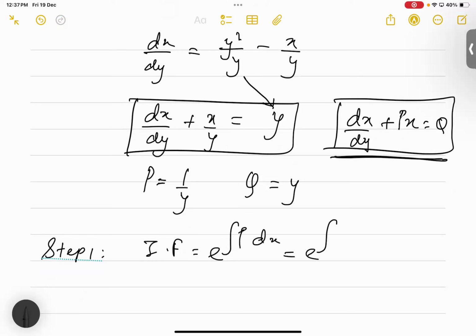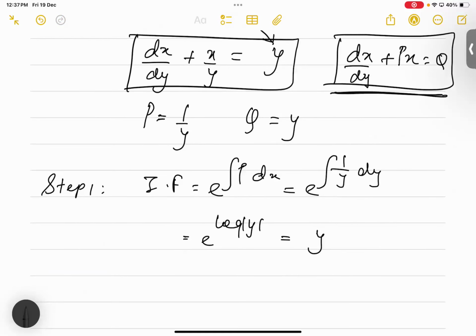What is p? 1 upon y. And what is integral of 1 upon y? Log mod y, so e raised to that is equal to y. How y? E raised to log a is a. See, log generally doesn't take negative values, na.